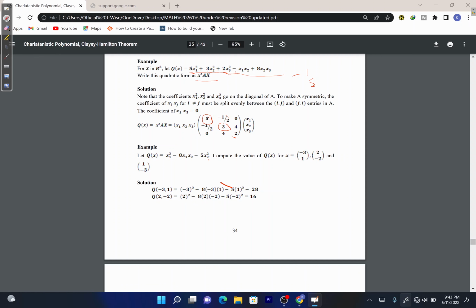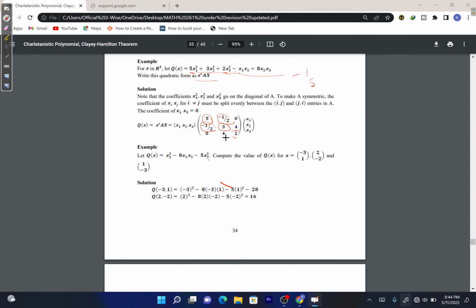So that's why we have -half here, -half here. Then for x2 x3, that's 8 x2 x3, we divide it by 2, which gives us 4. So that will be the element in the second row, third column, and third row, second column. So that's why we have 4, 4 here.